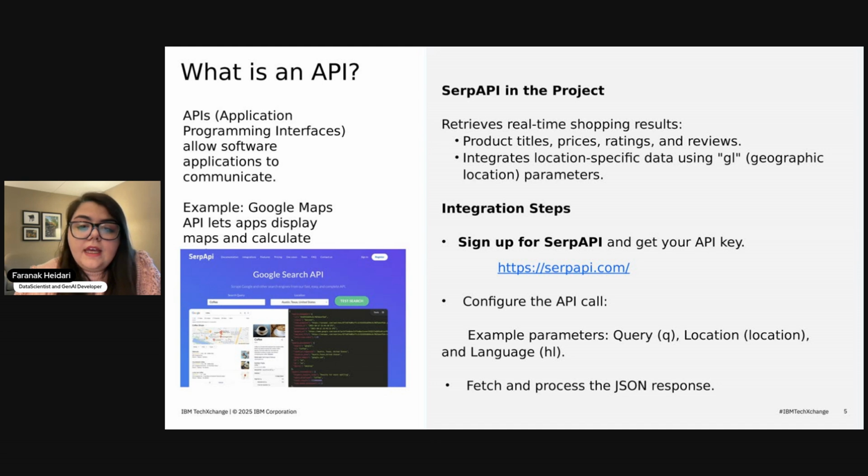So I would like to invite everyone to go and sign up for this SerpAPI key. You will need it for this workshop, and you will be using it. You can create an account with your Google or Gmail account, and the API key is completely free.